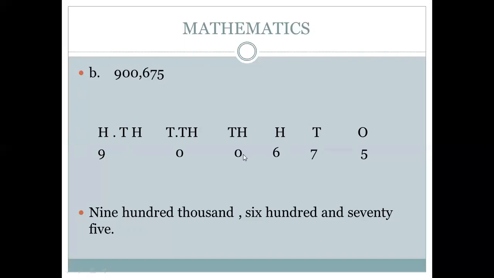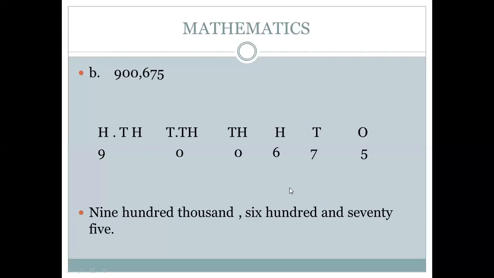There is 0. In 10,000 also there is 0. And then in 100,000, 9 is given. Now when we write in words: 900,675.